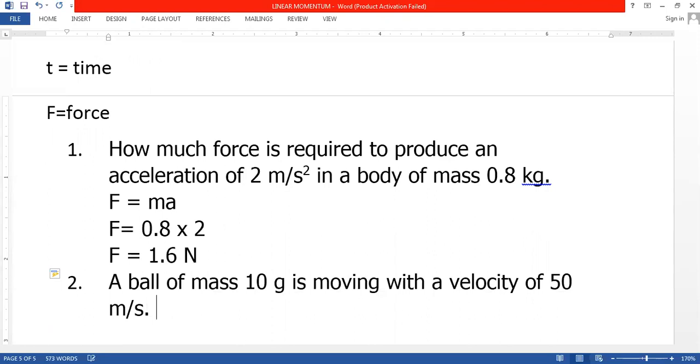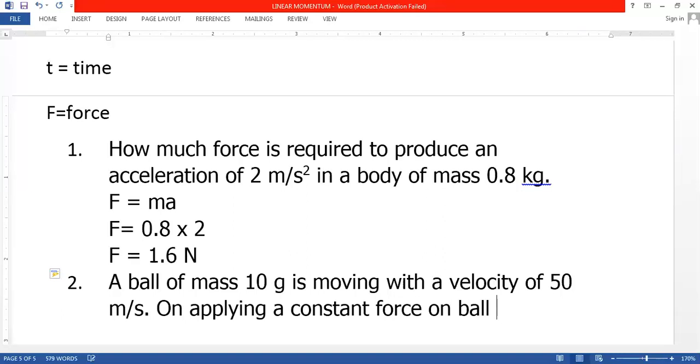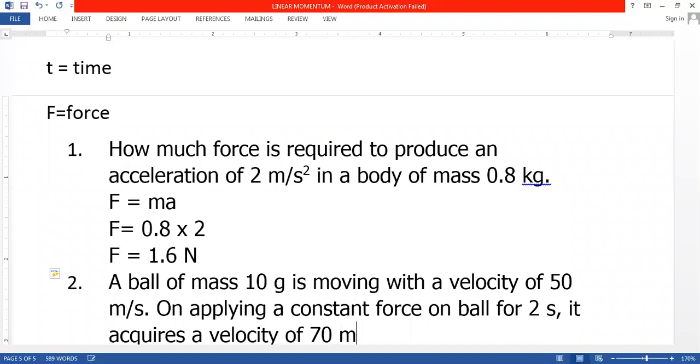On applying a constant force on the ball for 2 seconds, it acquires a velocity of 70 meter per second. Calculate.